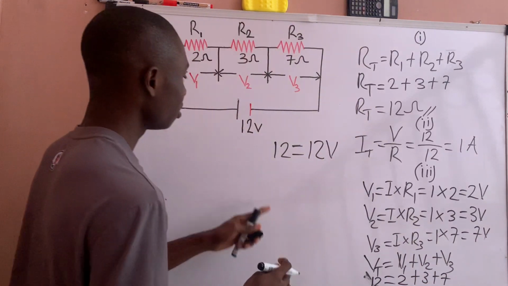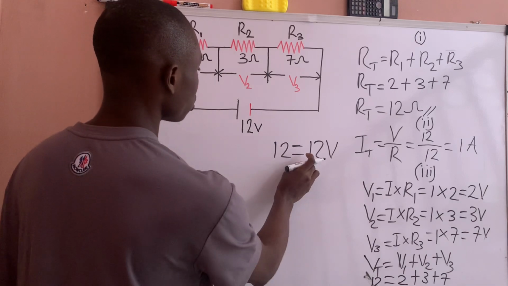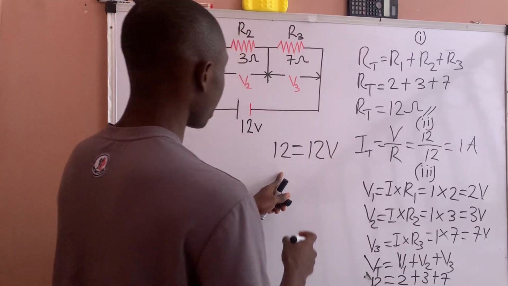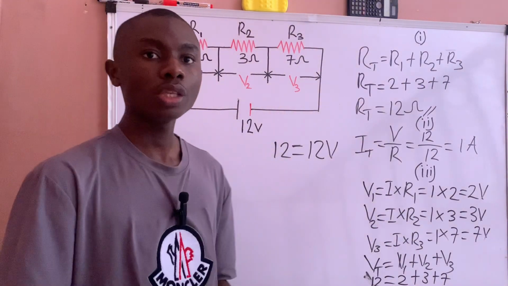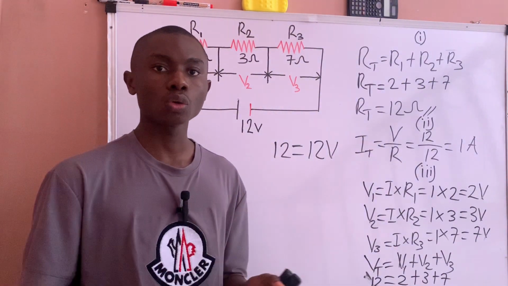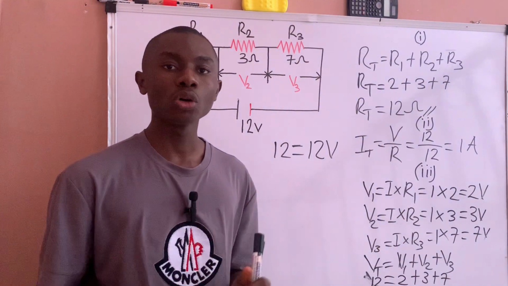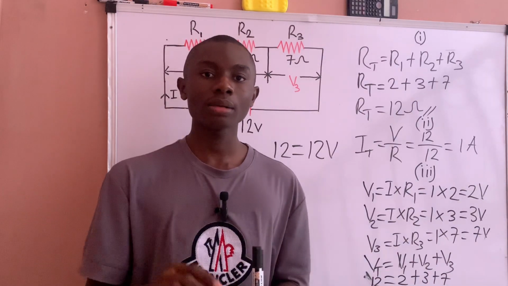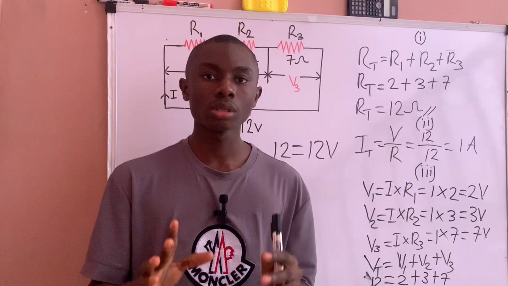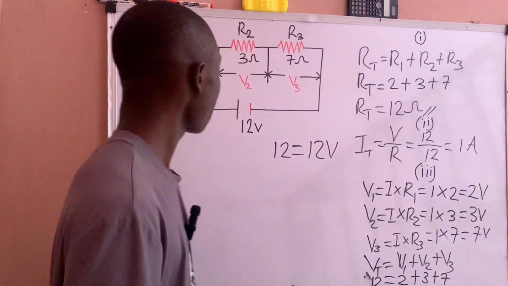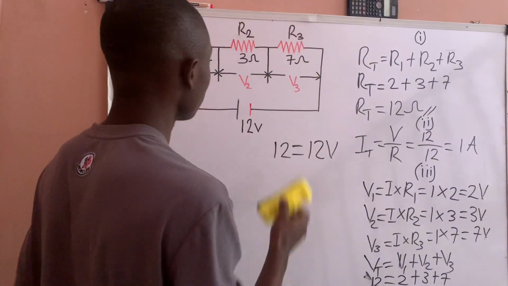That means the left hand side is equal to the right hand side, which means the sum of the individual voltage drops is equal to the total supply voltage. That means the property of a series circuit is actually correct. Okay, let us solve this other example.